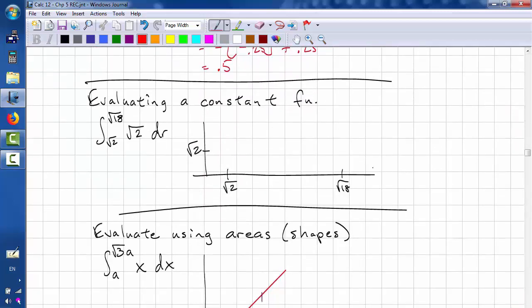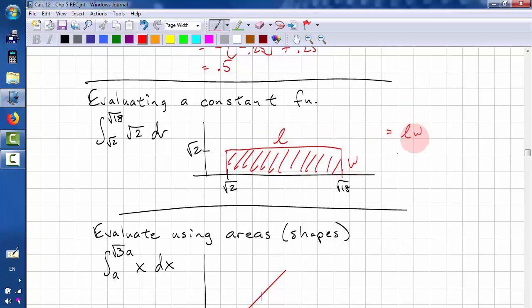Evaluating a constant function. This will give us an exact value. We have our limits of integration, √2 to √18, of a constant value, √2. So we have √2, √2, √18. This forms a rectangle, and this will give us an exact value because it's a rectangle. We have length, we have width.